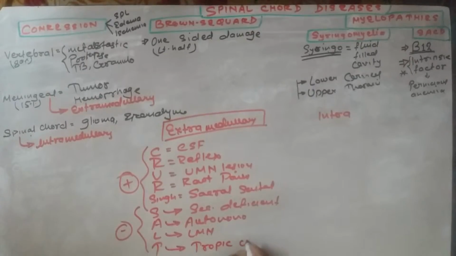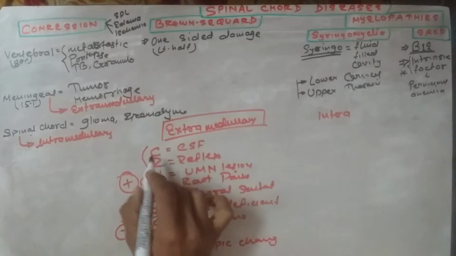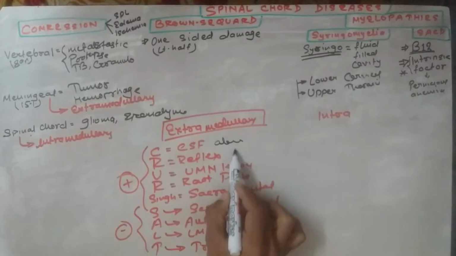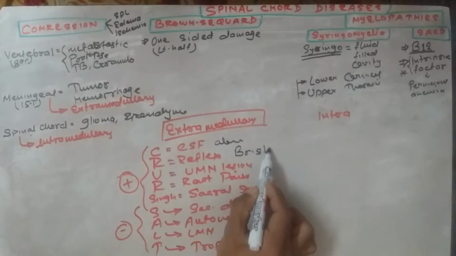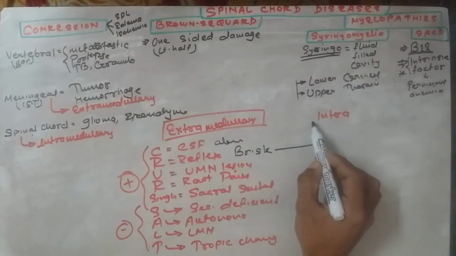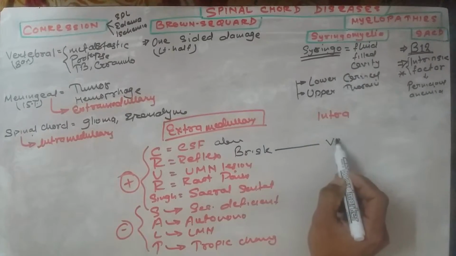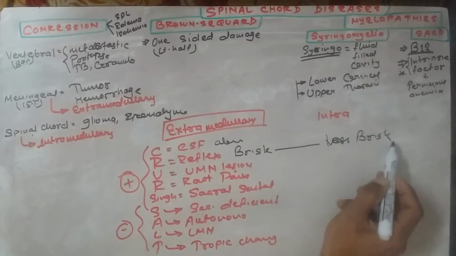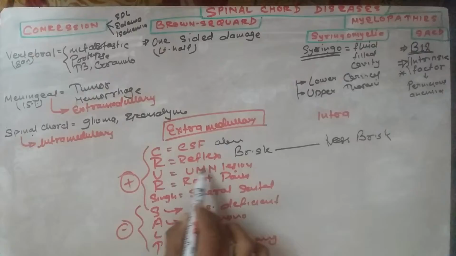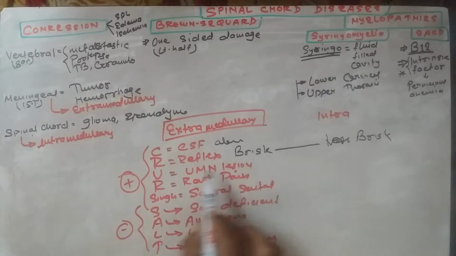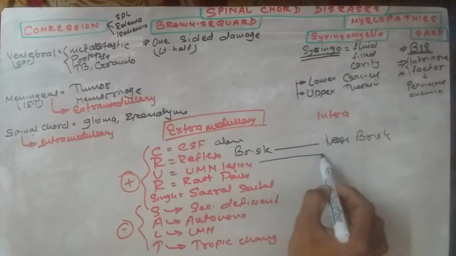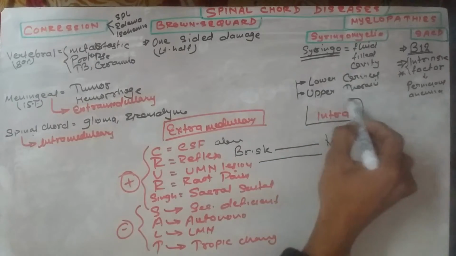So how did we learn this? The CSF is usually abnormal, the reflexes are brisk, but in intramedullary it is usually less brisk. The upper motor neuron type of lesion is usually an early manifestation in extramedullary, whereas it is a very late presentation in intramedullary type.